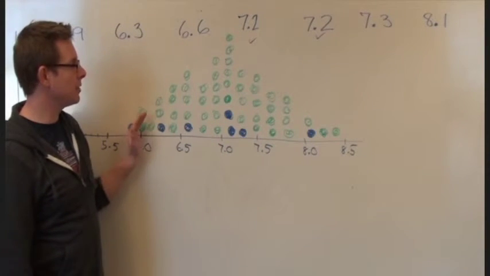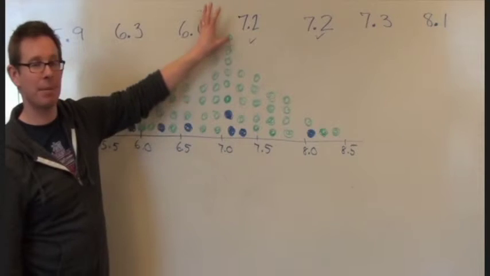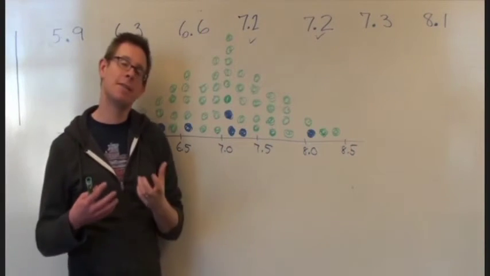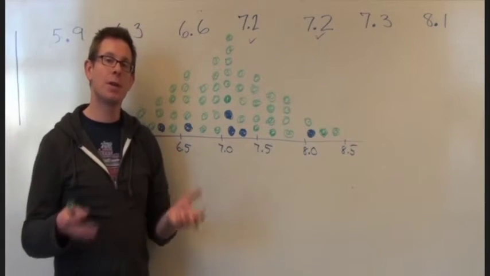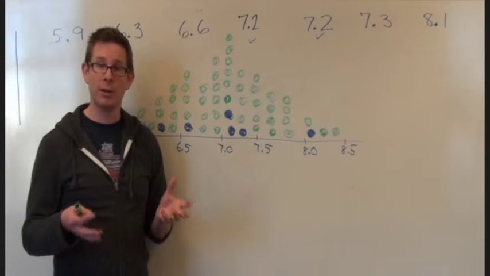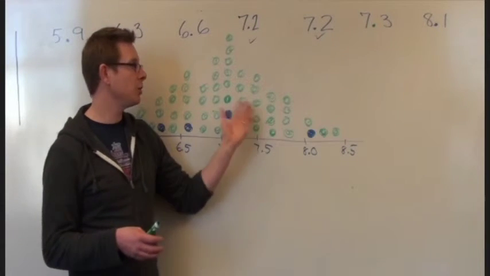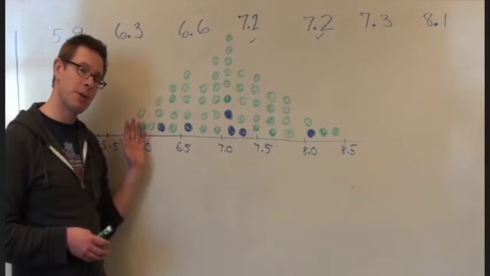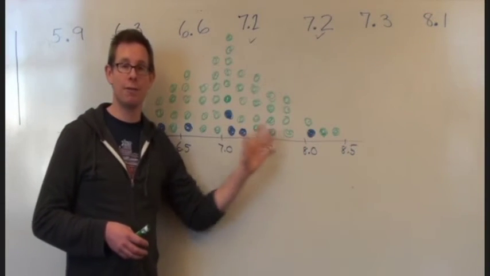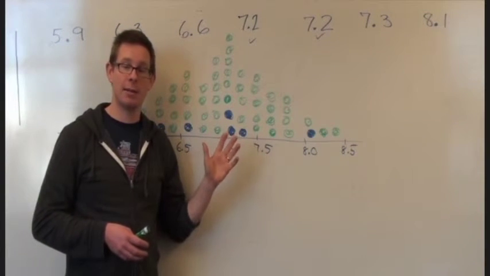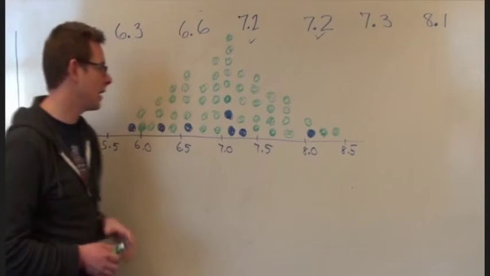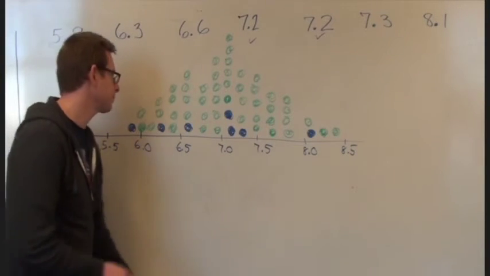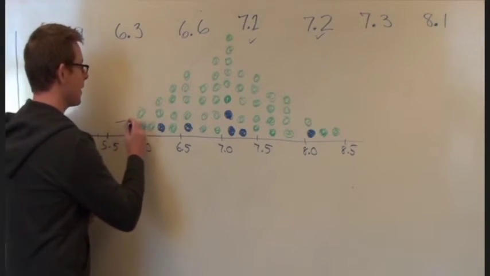So what you'll notice about the shape of this is the stacking ends up happening more in the center, because the reality is if there's an average birth weight, more than likely babies are going to be born close to that birth weight. And as you go further and further from that average birth weight, you're going to see fewer and fewer babies that are born that are that heavy or that light. So naturally, you may have seen something like this.